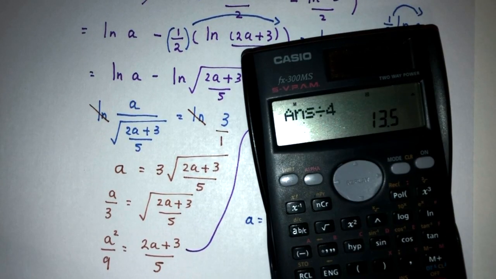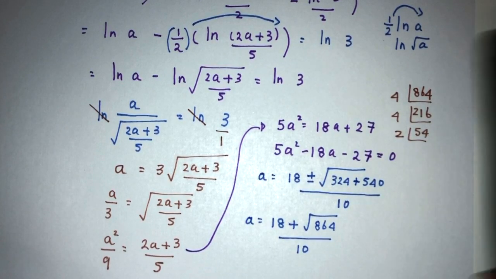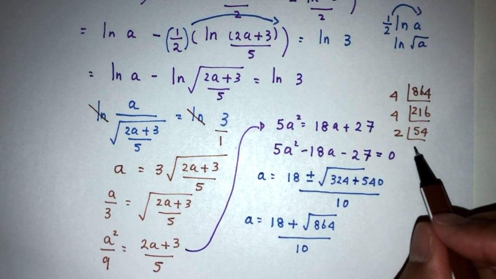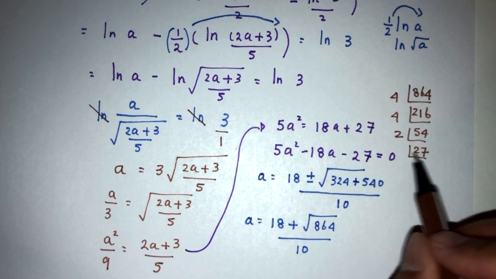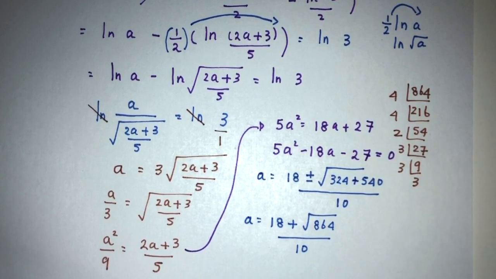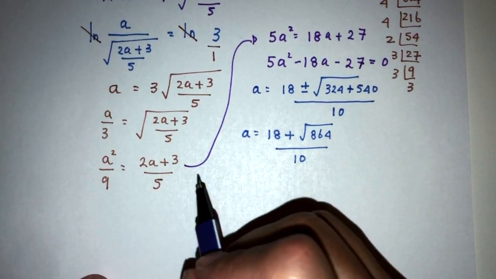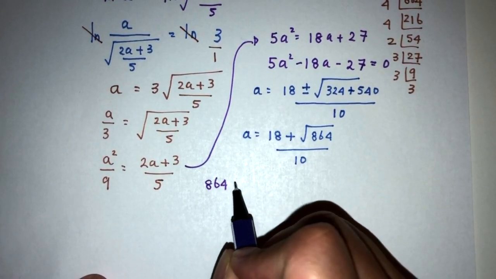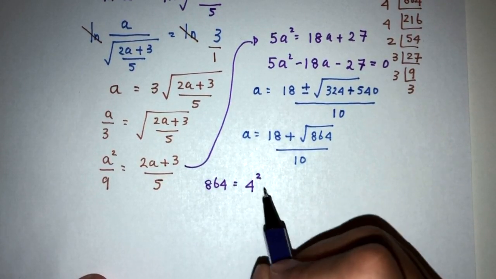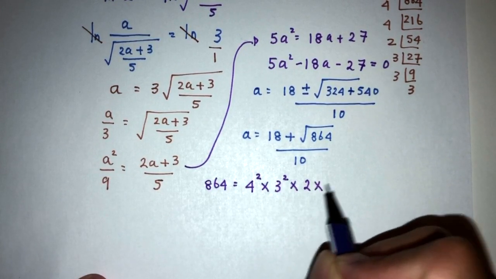Divide by 4 again. No, we can't divide by 4. Divide by 2. You have 27, I think. And divide by 3. 9. Divide by 3. You have 3. So basically we have realized that 864 is equal to 4 power 2 times 3 power 2 times 2 times 3.